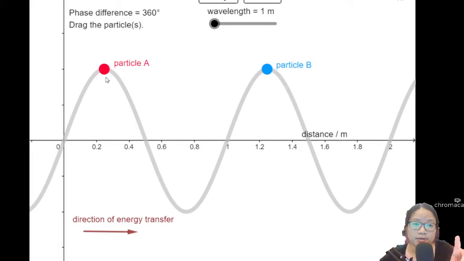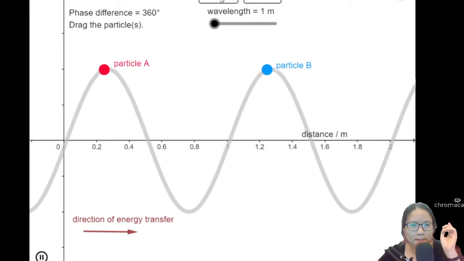Notice that the distance between particle A and particle B is exactly one wavelength, one lambda. Now, before I start playing, I want you to look carefully at these particles. Is their distance changing? Meaning, are particle B and particle A moving further apart, closer together, or are they always the same distance?